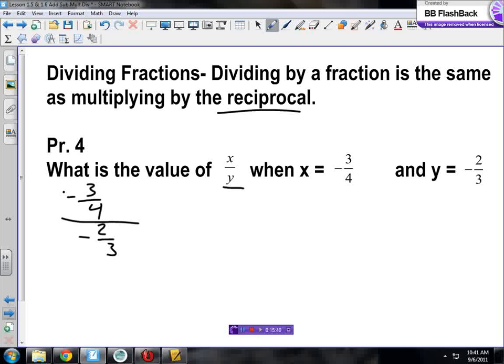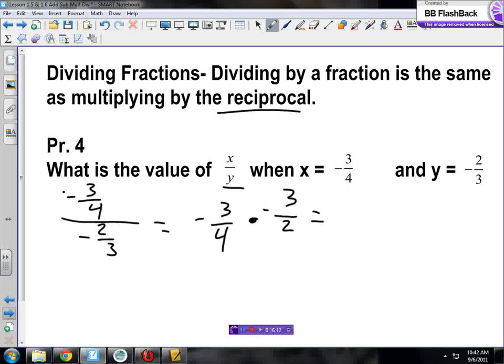So instead of writing it as a fraction divided by a fraction, I'm going to change it to multiplication because multiplication is easier. So I'm going to leave the first part alone. I'm going to change the division into a multiplication. And then I'm going to take this bottom fraction and flip it so I get 3/2. What sign should this be? Negative. The negative doesn't go away.